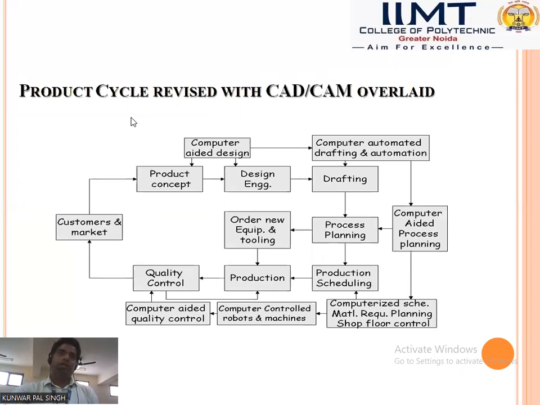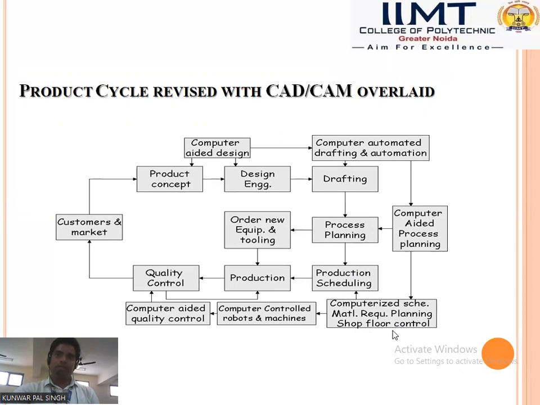This is also the chart of the product cycle, but with the help of CAD and CAM overlay. In this cycle, we use computers at every step. From the product concept onwards we use the computer. Designing is done by the computer. Drafting is done by the computer, automated drafting. Process planning is done by computer-aided process planning. Production scheduling is done by computerized scheduling.